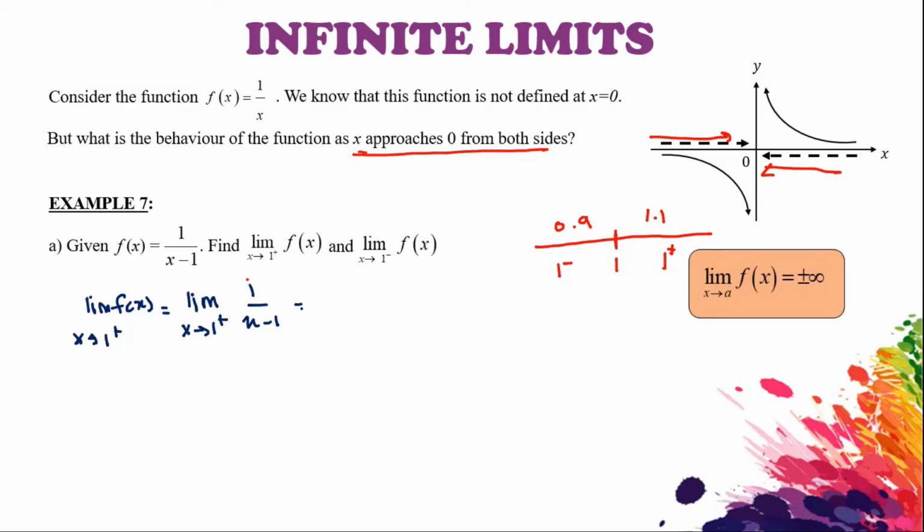If we substitute the value of 1, we will get 1 over 0. But we want to find 1 from the right, so we can take a look at our number line. For 1 from the right, we can take the value 1.1. So 1.1 minus 1 will give a positive number. Therefore, we have 1 over 0 from the right, which equals positive infinity, as you can see from this definition here.